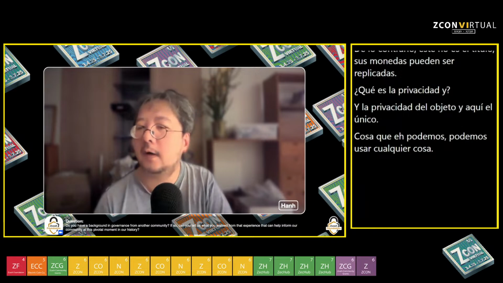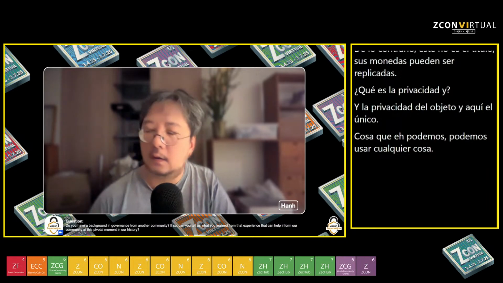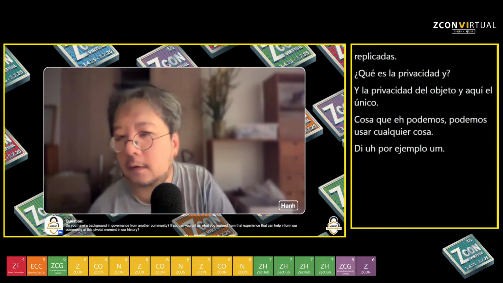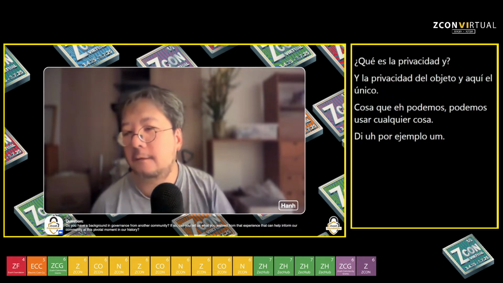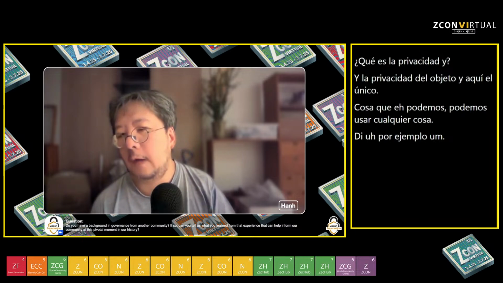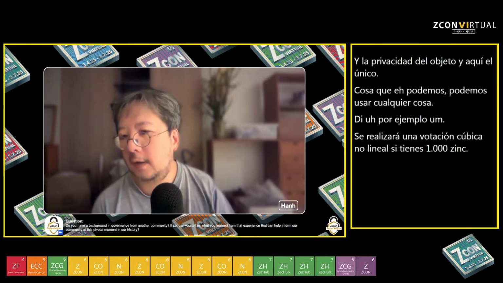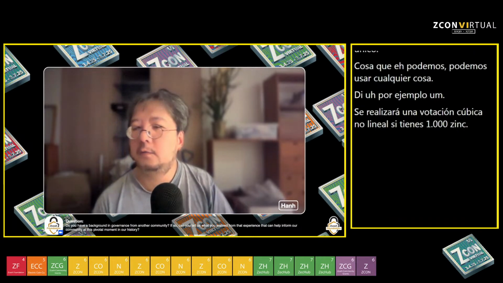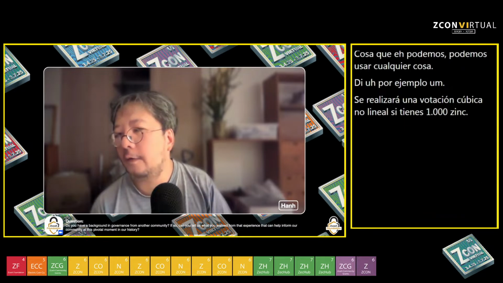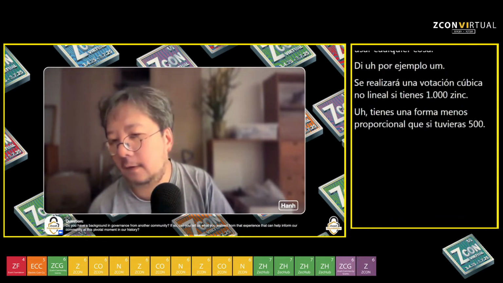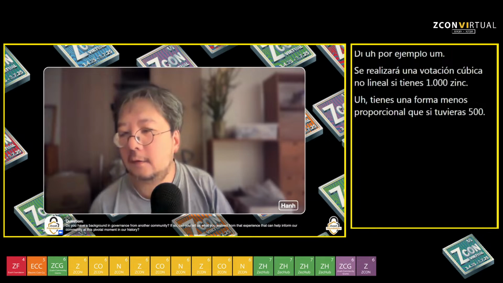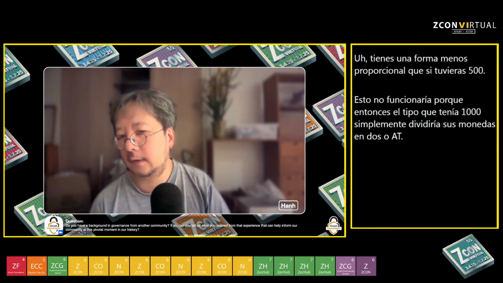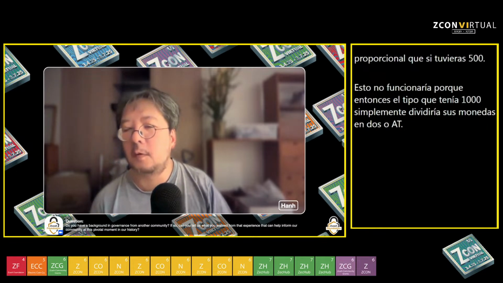We cannot make a system where, for example, cubic or non-linear voting gives someone with 1,000 ZEC a less proportional weight than someone with 500 ZEC. This wouldn't work, because the guy who has 1,000 ZEC will just split his coins into two anonymous wallets, and then leverage the incentive for smaller holders.